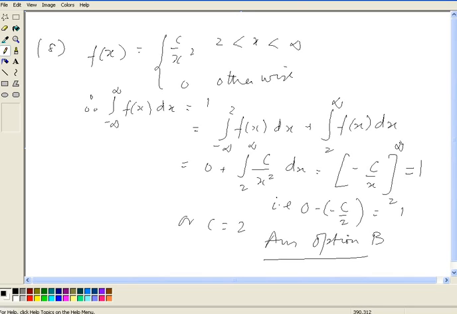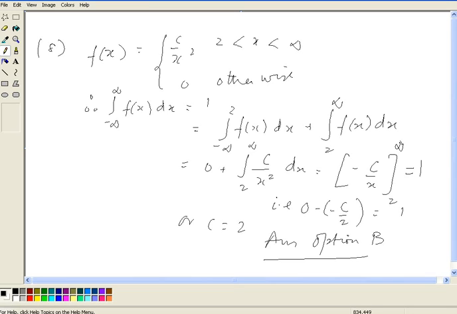So this we can rewrite as the integral from minus infinity to 2 of f of x dx plus the integral from 2 to infinity of f of x dx. From minus infinity to 2, since f of x is 0, the definite integral will also be 0 here, and from 2 to infinity c by x squared dx, on integrating we'll get minus c by x from 2 to infinity equal to 1, which is known generally.